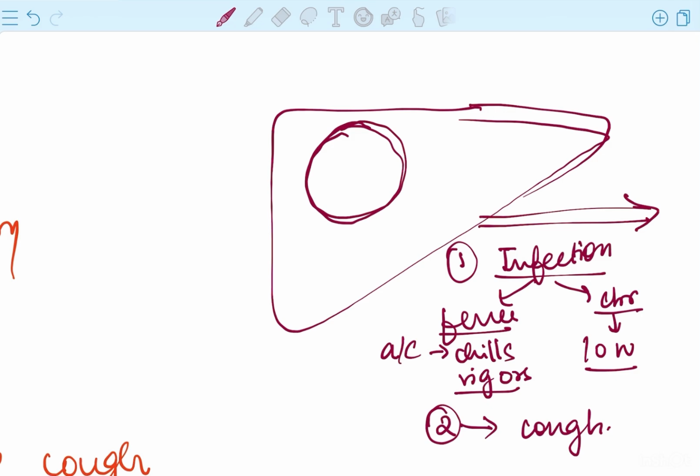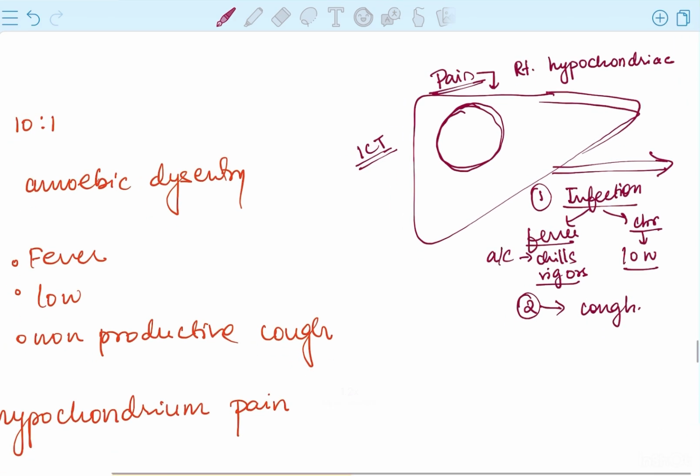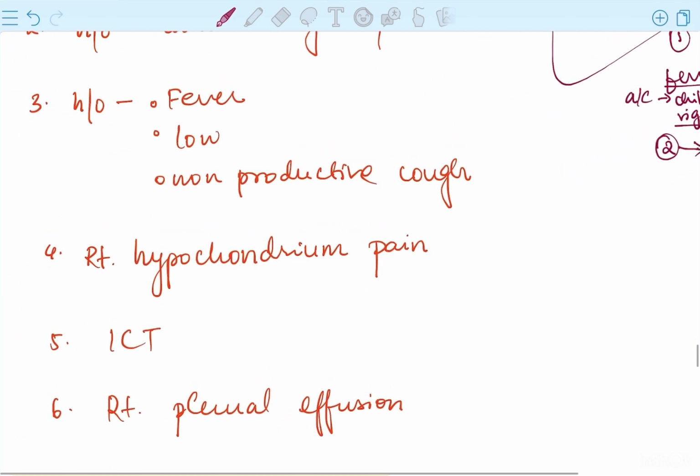So you will have pain. Any pus-filled region will manifest in the form of pain at the right hypochondriac region, followed by intercostal tenderness. So all these are the general clinical manifestations that you will see.